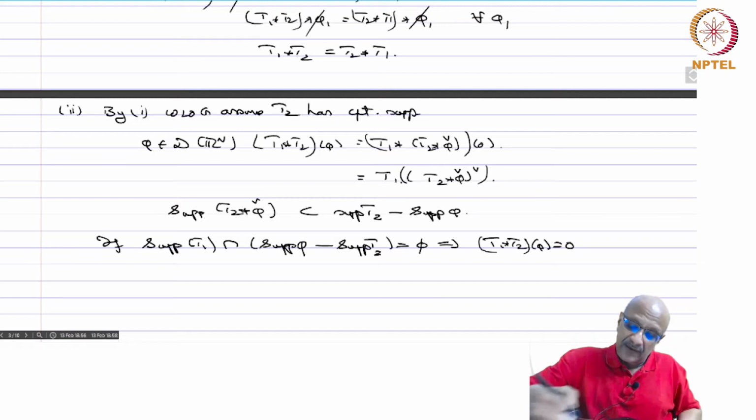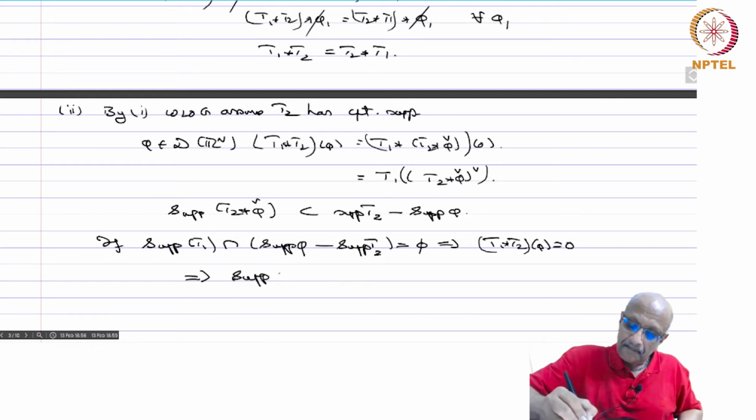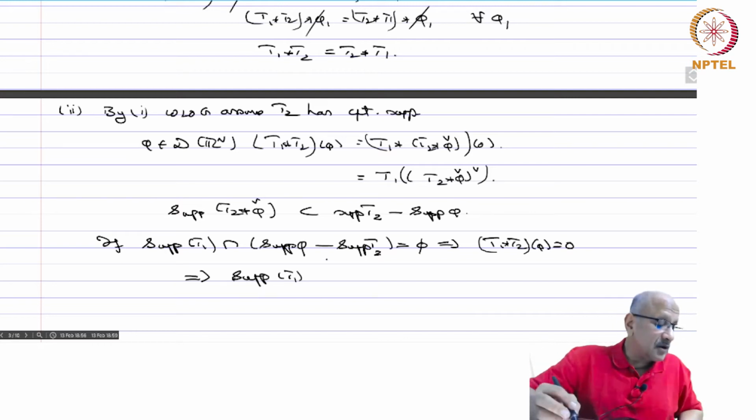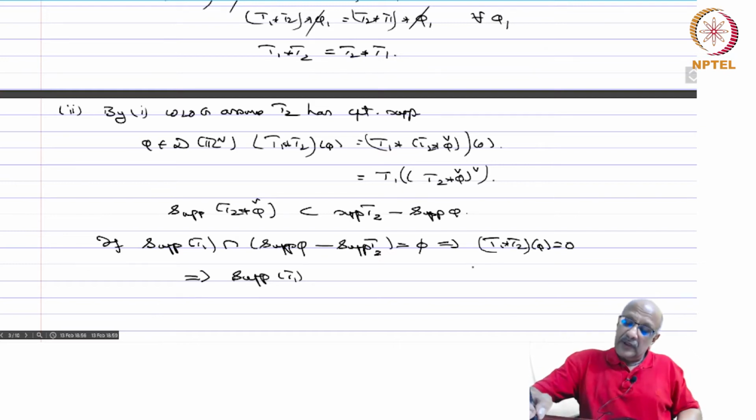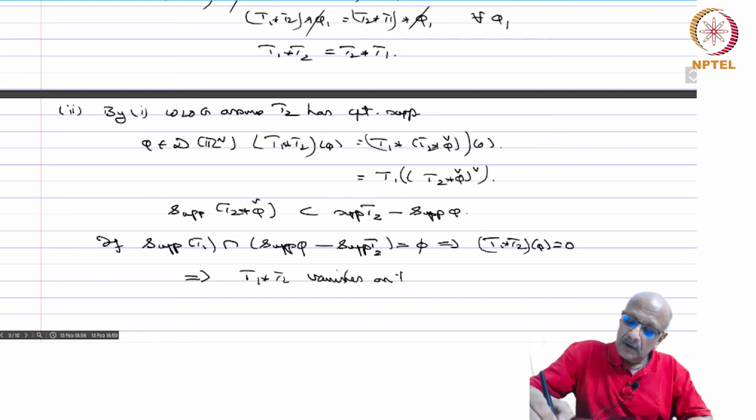So this implies that these two should not be disjoint, that means the support of T1 star T2. So T1 star T2 will vanish on the complement of, so this implies T1 star T2 vanishes on the complement of support T1 plus support T2.